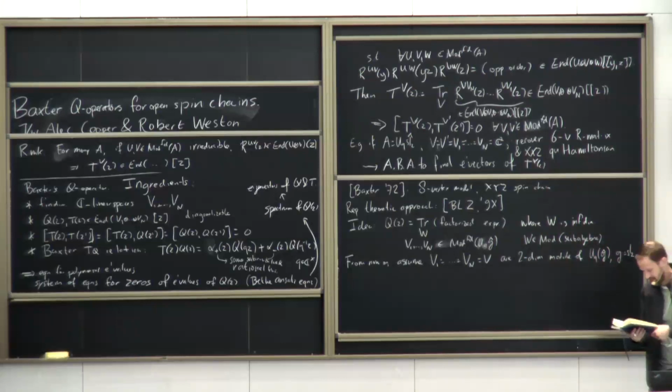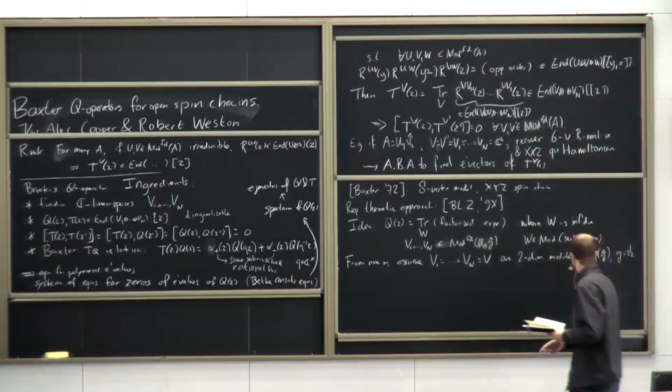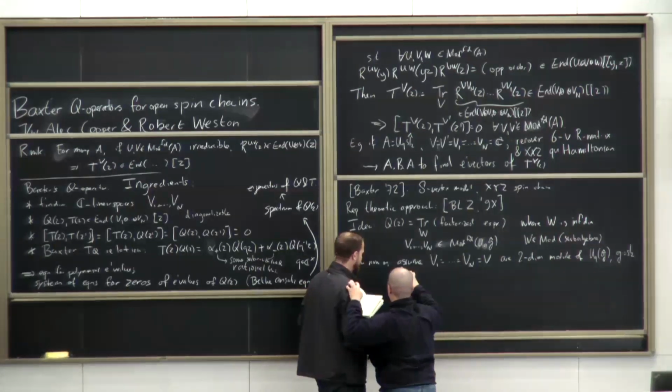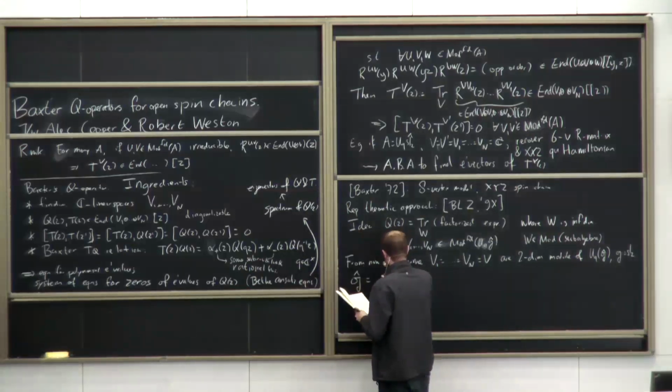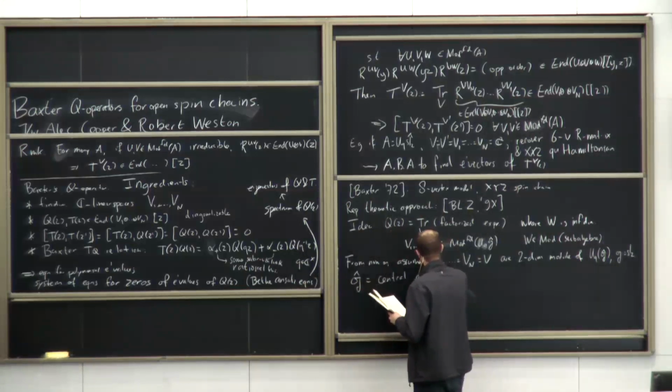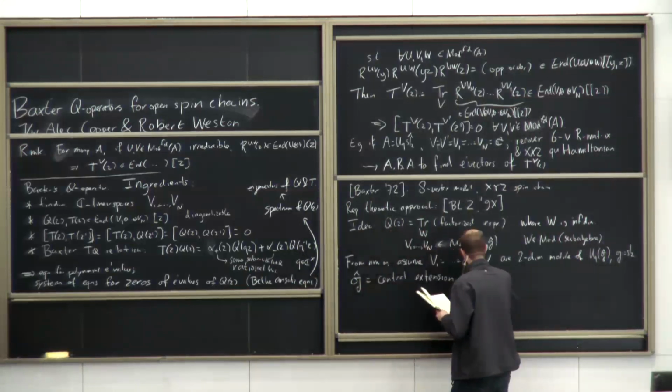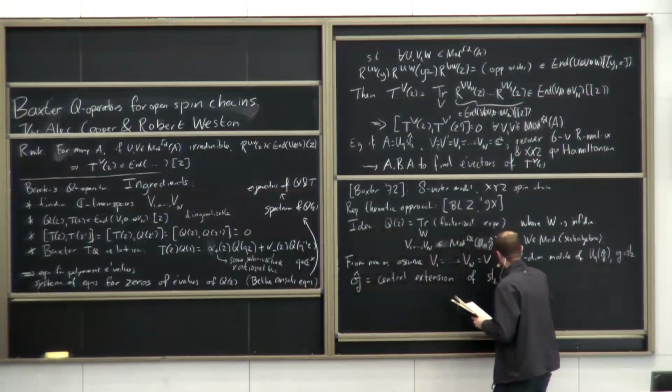Okay, so how does this arise? g hat is a central extension of the loop algebra of sl2.